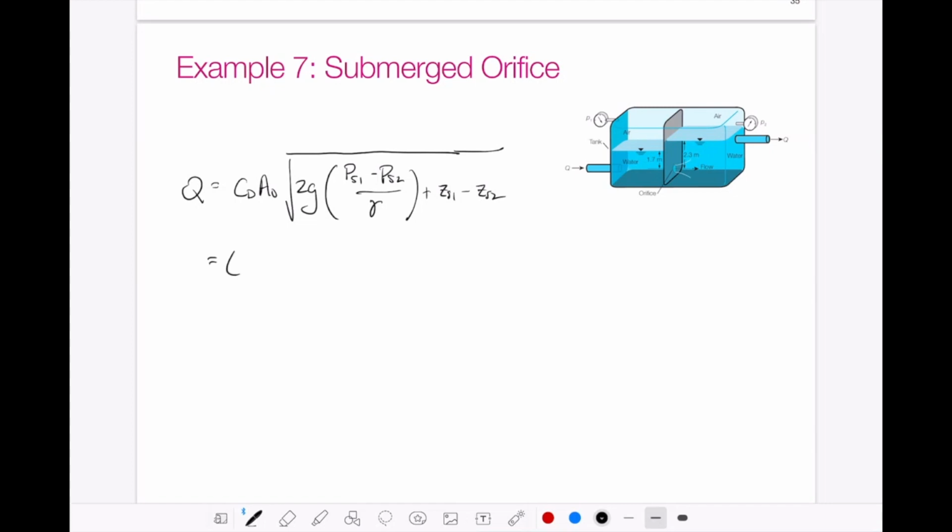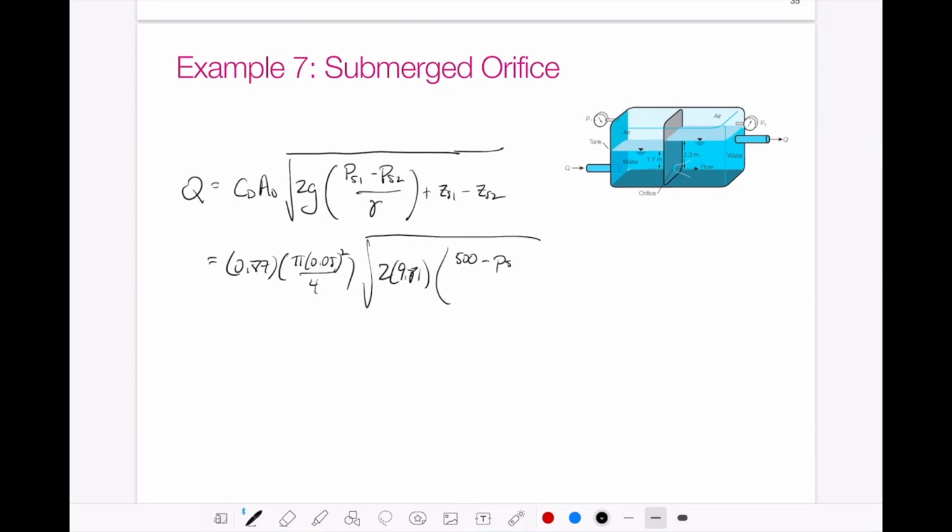We have all these values: 0.87. Our area was pi times 0.05 squared over 4. 2 times 9.81. Our pressure on the reservoir side, PS1, was 500 kPa.